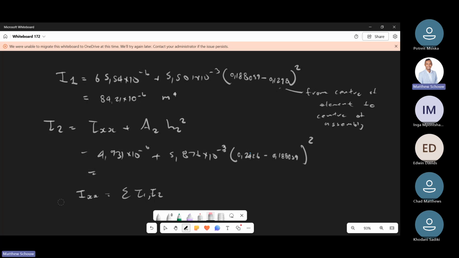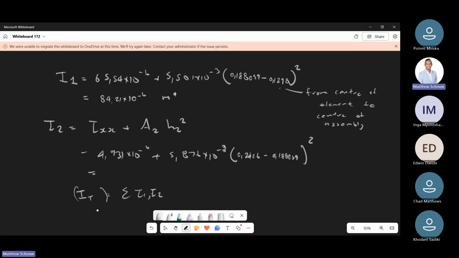Can I say IXX total? It's the total second moment of area. Let me just call it I total. But it's also IXX, which is bending about the x-axis.